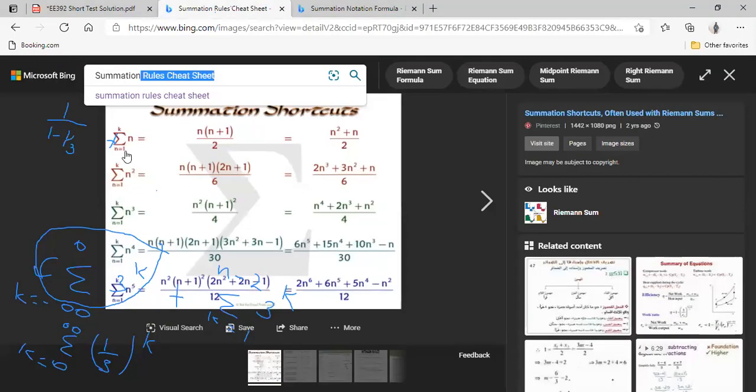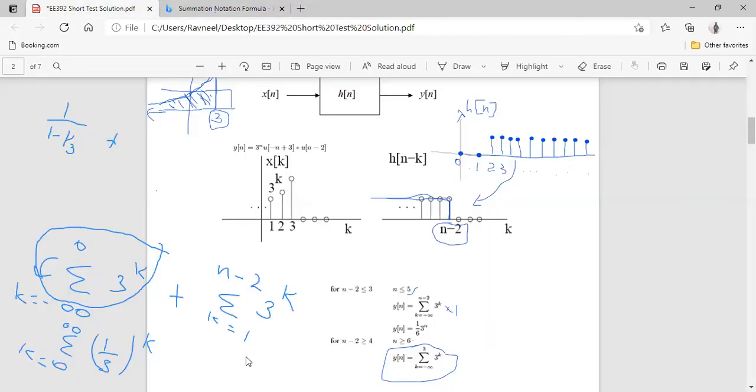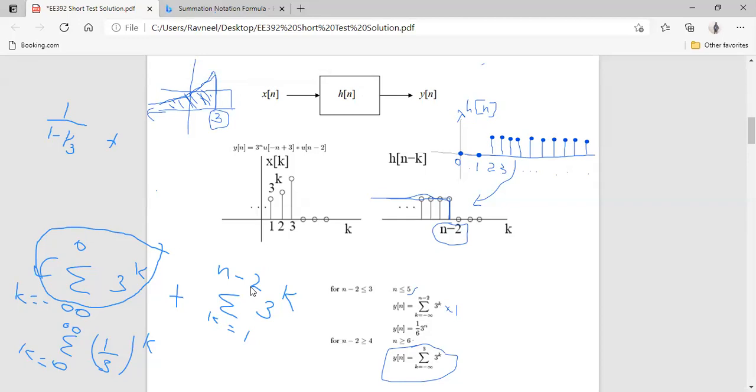In this particular case, summation of 3 to the power of k is given by, okay, let's try to rewrite this summation. That would be k equal to 1 till n minus 2.